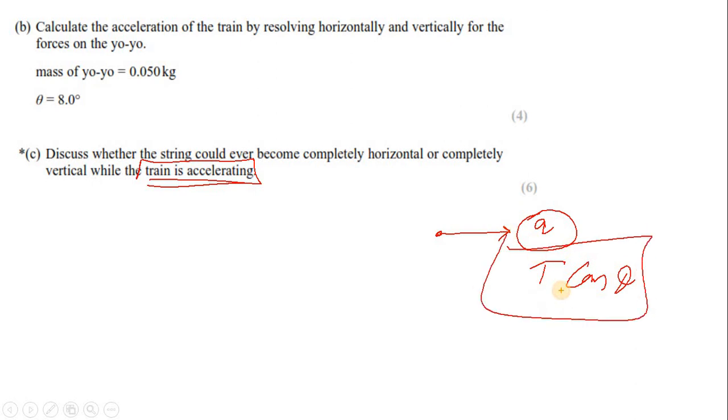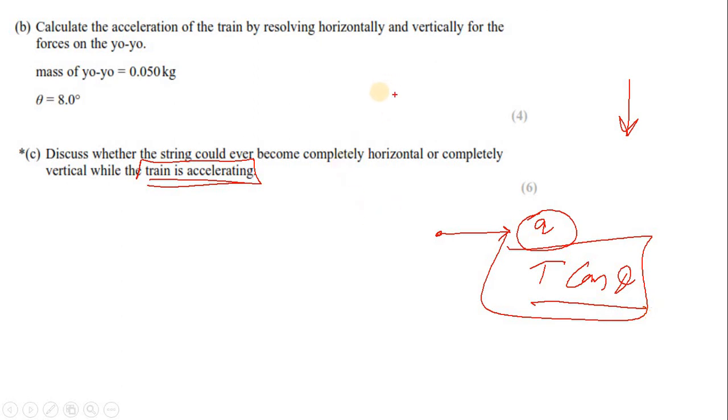So T is always there, and due to that horizontal component, the string can never be vertical because it is always acting.